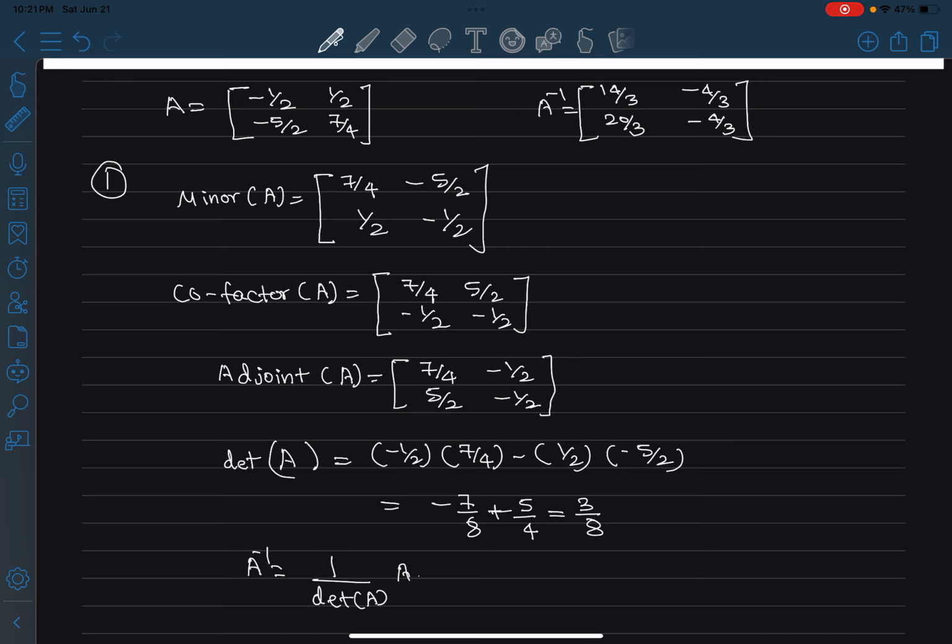If you multiply, this will be 14 over 3, then negative 4 over 3, then 20 over 3, and then negative 4 over 3. That gives us the answer. So this is the first way, and this is the most common way: first find the minor, cofactor, adjoint, and determinant, and then you get the inverse.